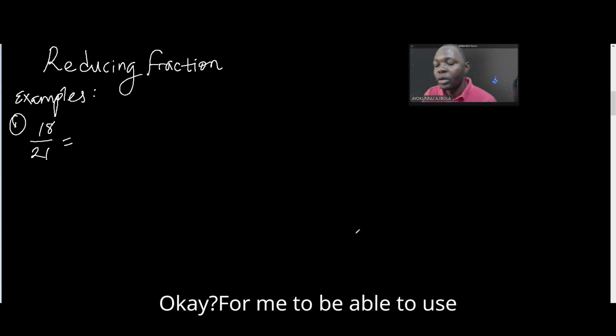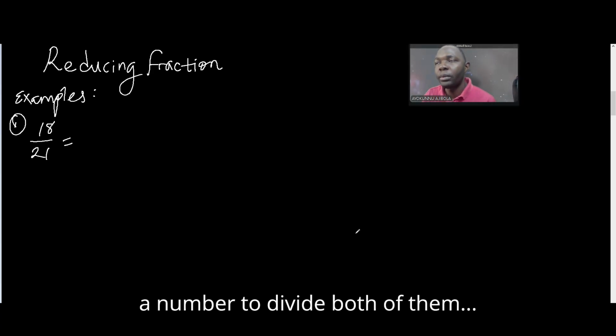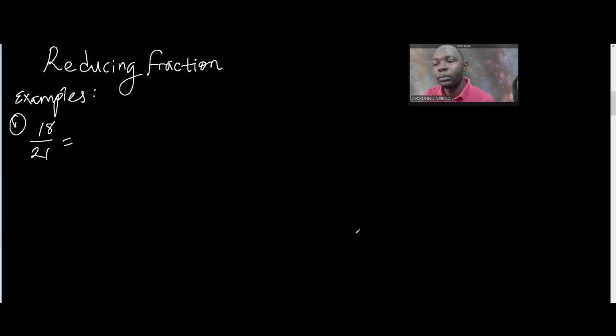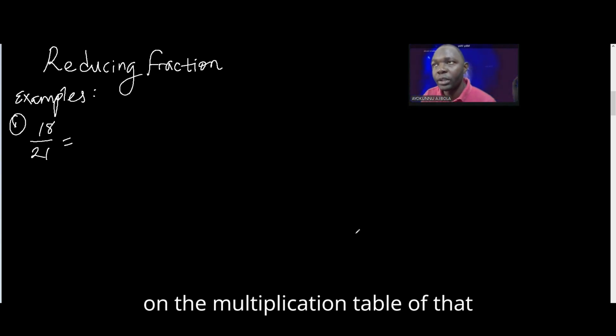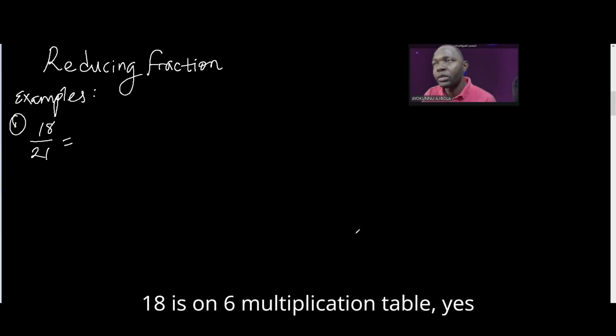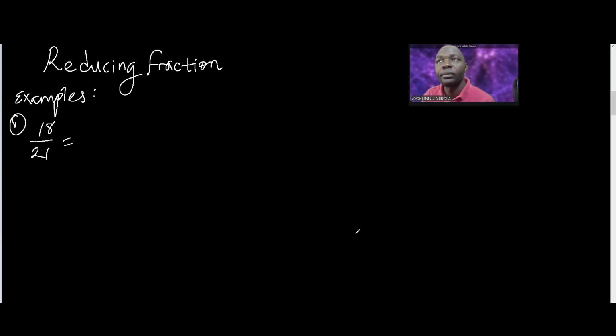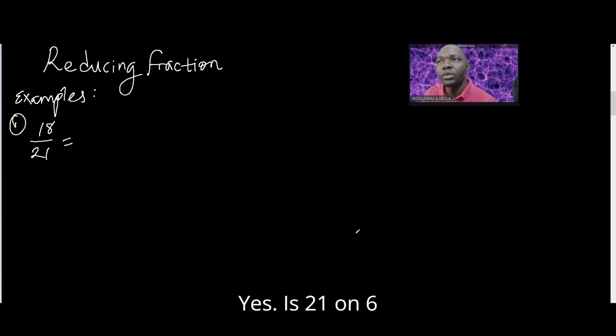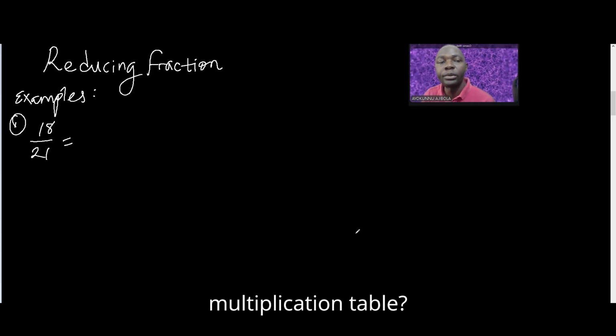Okay? For me to be able to use a number to divide both of them, both must be on the multiplication table of that number. So consider 6. 18 is on 6 multiplication table. Yes or no? Yes. Is 21 on 6 multiplication table?